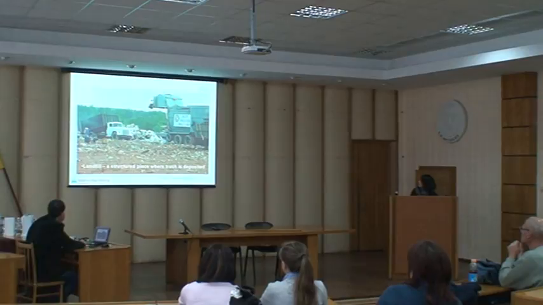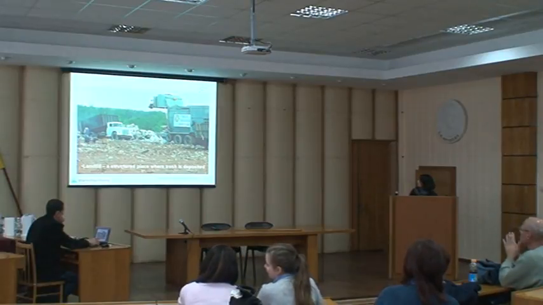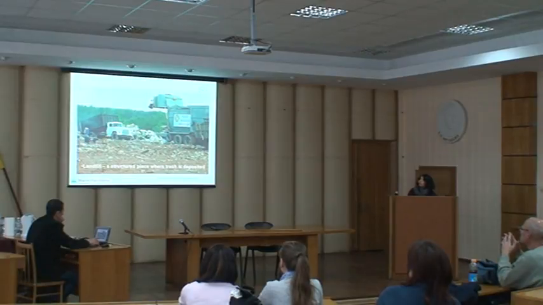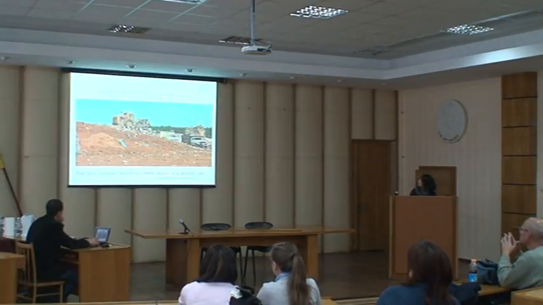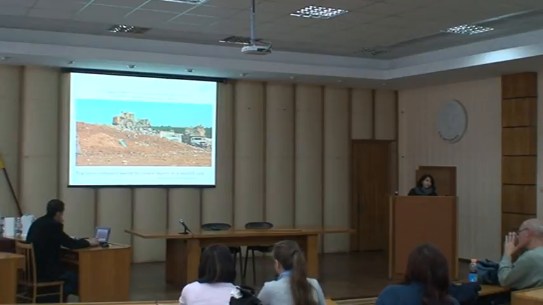Here is an example of a landfill where we can dispose the waste and compact it to reduce the volume of the waste. The goal of the landfill is to cover and isolate the waste from the environment, that means the air and the groundwater. We can see here tractors compacting waste to create layers in a landfill cell.